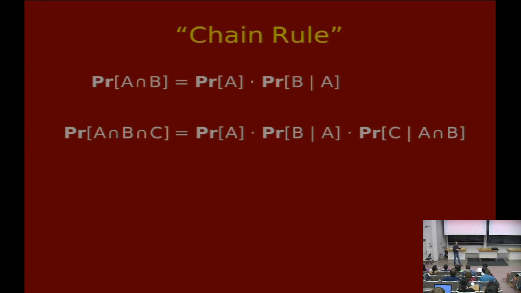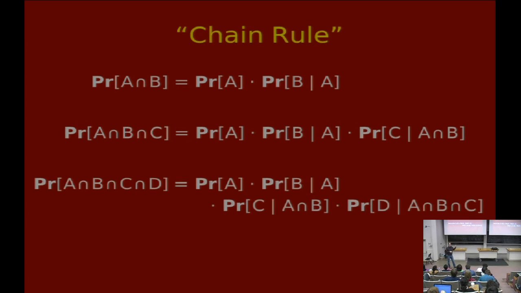I mean, you can't prove it by just telling that little story I said, but you can prove it easily by going back to the definitions and doing a little arithmetic. Okay, and it extends to any number of events like this. I won't prove it because it's a little bit boring, but maybe in a recitation or something. Any questions?